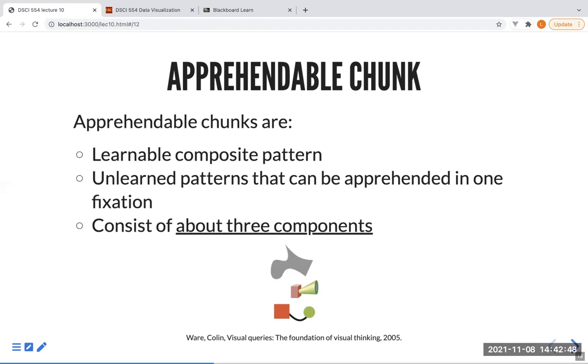So what is the set of patterns that you can form together that you can recognize as an object? That depends on the number of components that you attach to it.